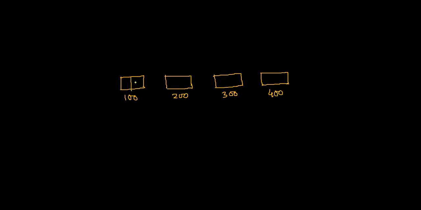So naturally the next part will contain 200, this next part will contain 300, this next part will contain 400, and this next part will contain null. And suppose there is some data, say 3, 7, 2, 1, 9.